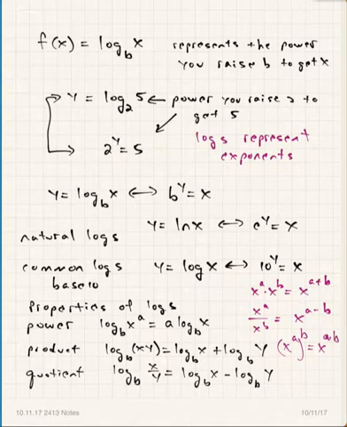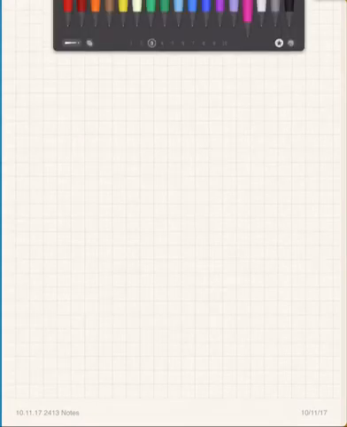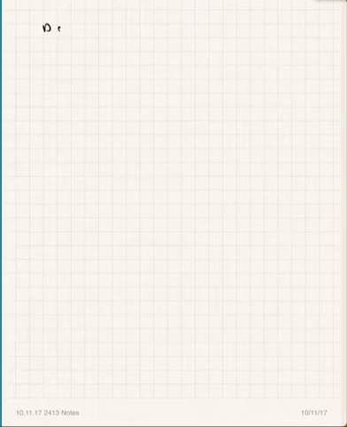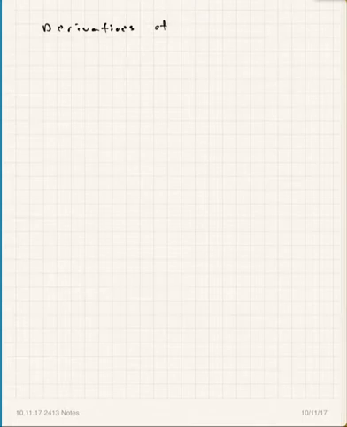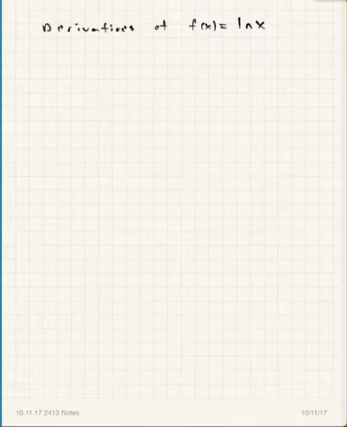So what we want to do now is look at derivatives, and we're going to start with logarithms. We're going to start with derivatives of f of x equals not just any logarithm, but natural log x, and look at that function and its derivatives.